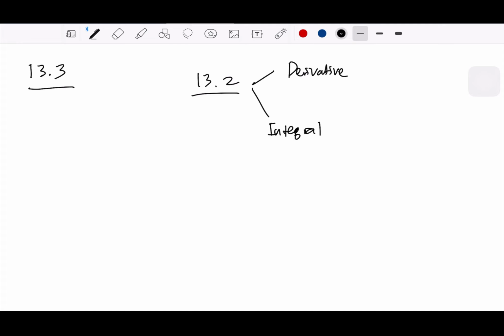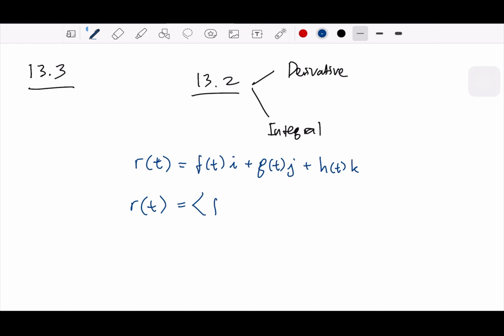So in chapter 13, we will have our typical vector function, or we can write it also in terms of the bracket like this.